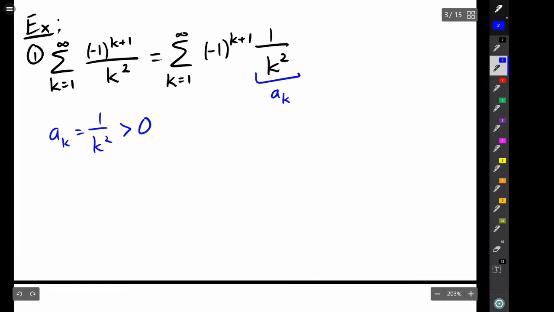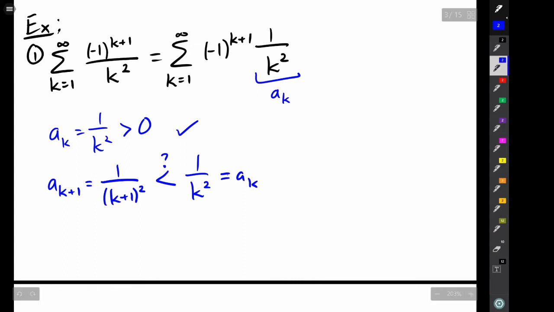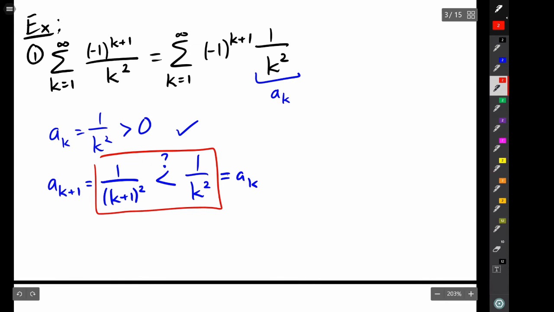This is always positive, that's always true, which is good to know. And let's look at a_{k+1}. This is 1 over k plus 1 squared. And the question is, is this less than 1 over k squared, which is a_k? Is that true? We need to know, is this inequality right here a true statement or not?